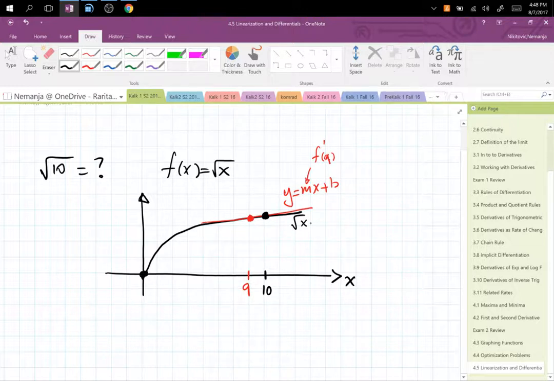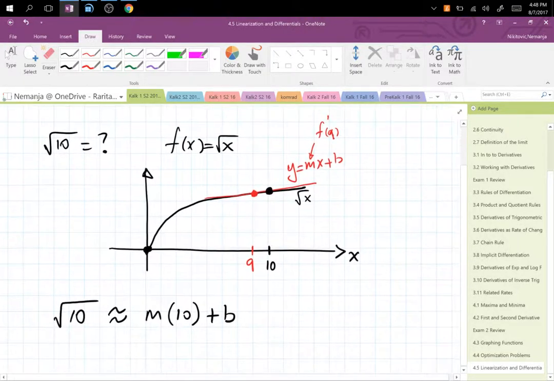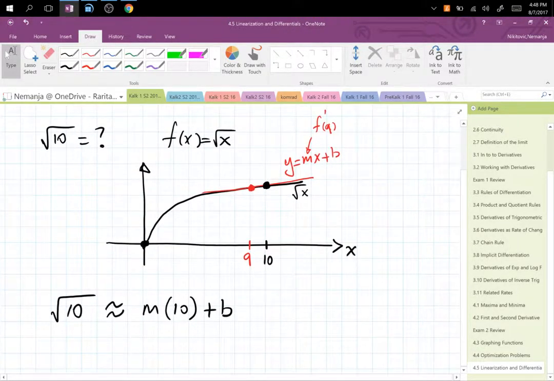So now I'm going to say that I can approximate square root of 10 by calculating m times 10 plus b, right? So that's the idea. That's what we're doing.